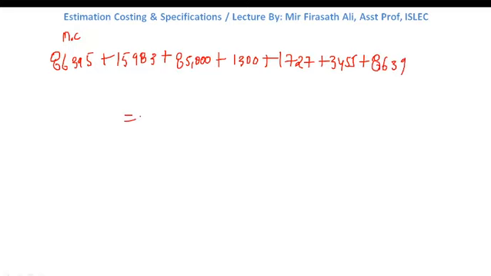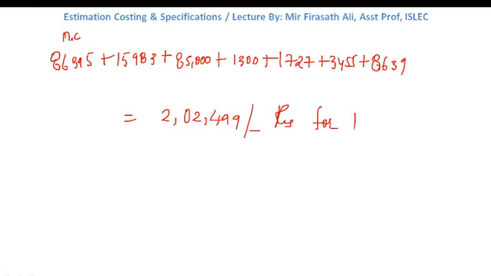The total value will be around 2,02,499 rupees.